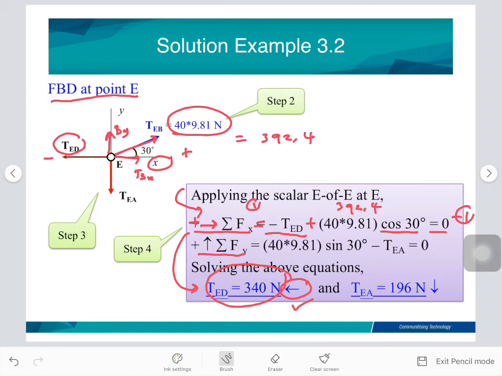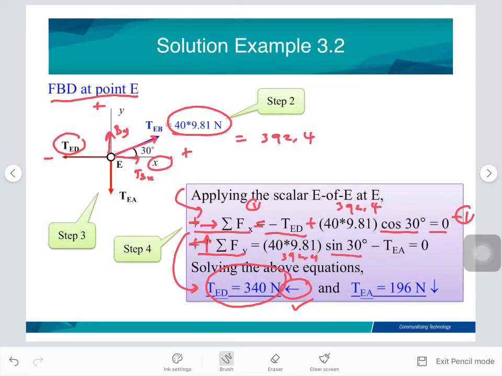We can express all the force in Fy, with Fy positive. Whatever force comes in the opposite direction becomes negative. So in Fy we have TBY. You can resolve TB into the y direction, so you have 392.4 sine 30.